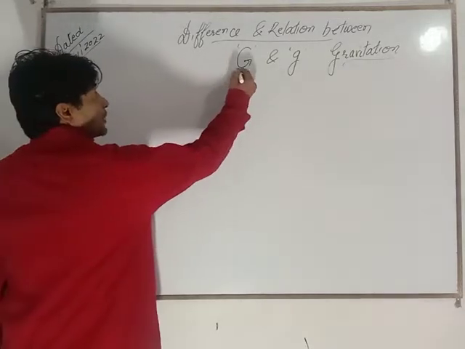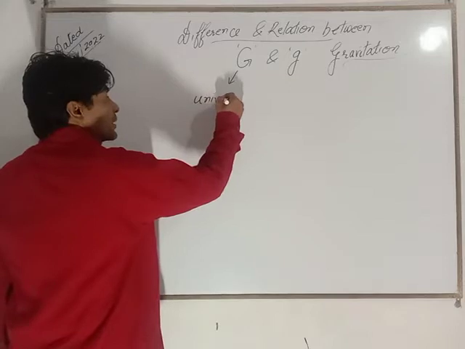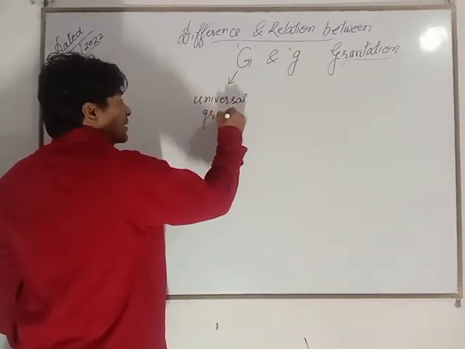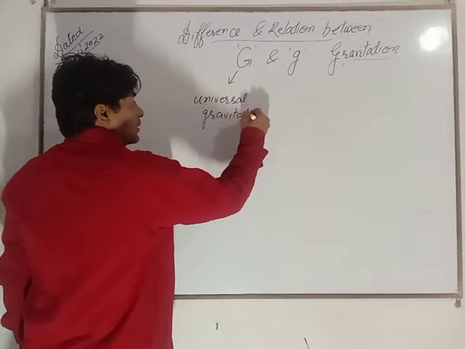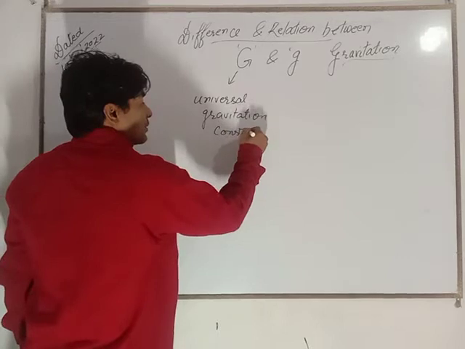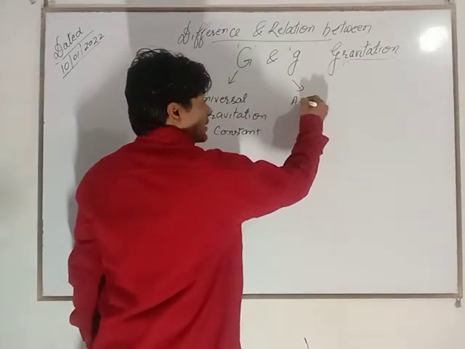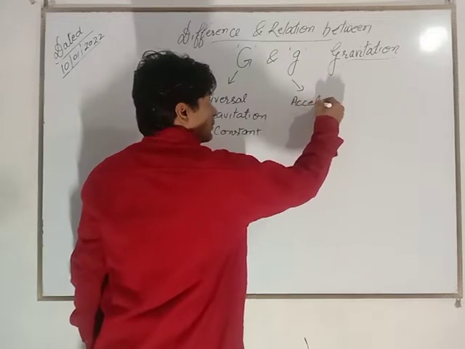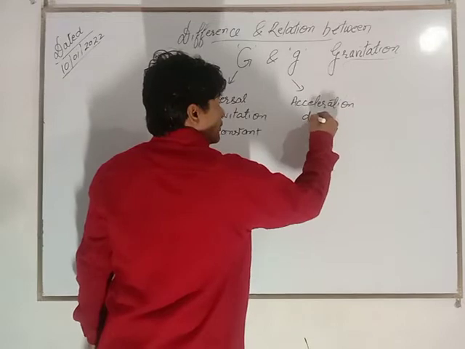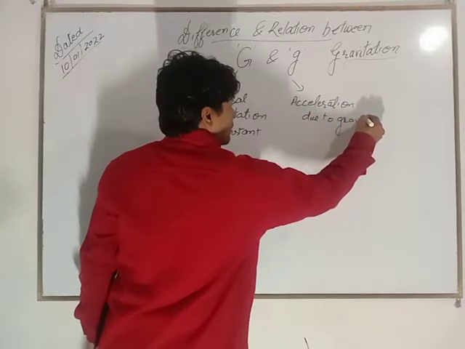You see here, capital G is known as the universal gravitation constant, right? And small g is acceleration due to gravity.